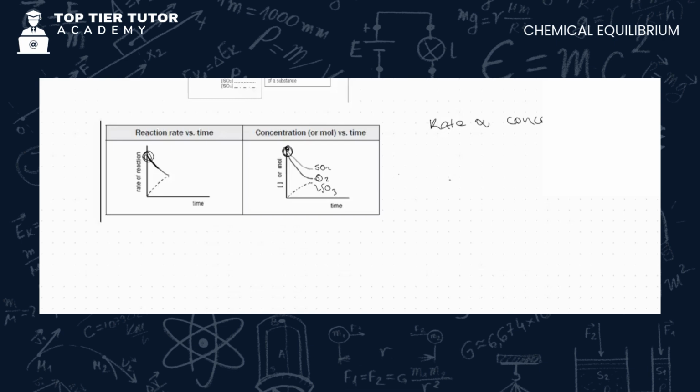So the concentration of your sulfur trioxide is going to start at 0. Once the reaction picks up and we produce sulfur trioxide, that sulfur trioxide will start to produce oxygen. So the rate of the reverse reaction is going to steadily increase as the concentration of sulfur trioxide increases.